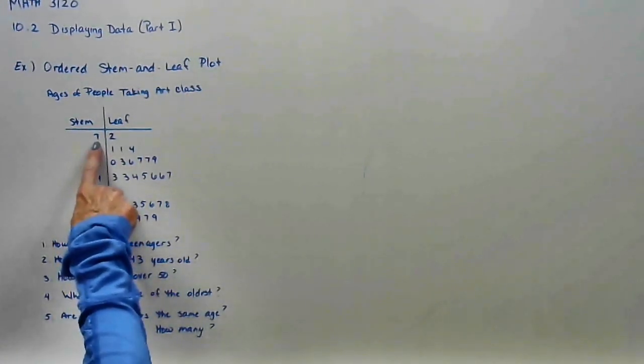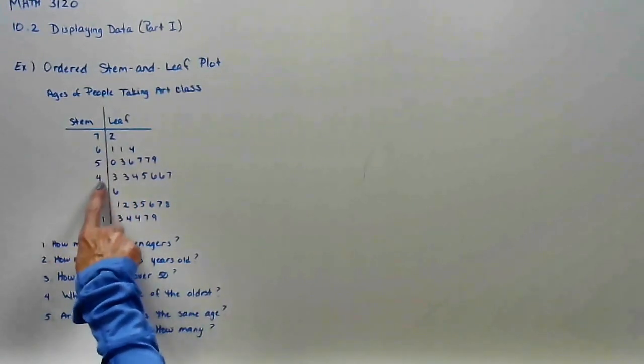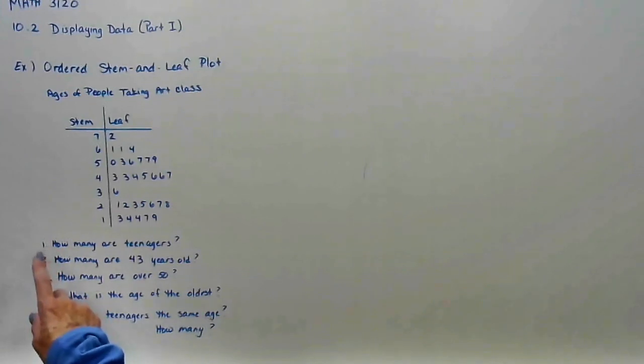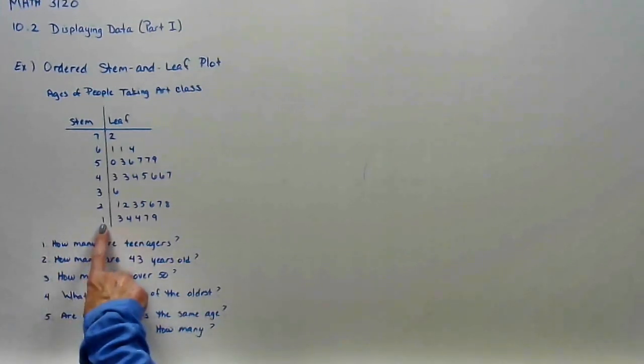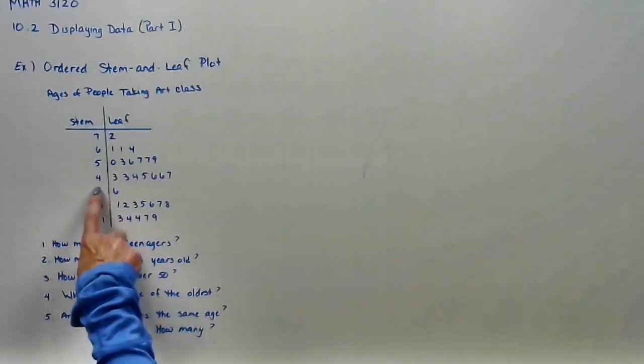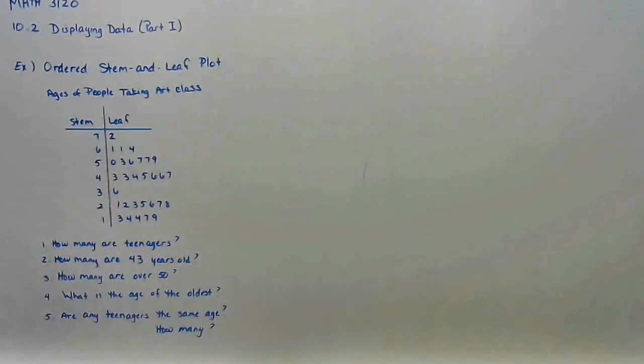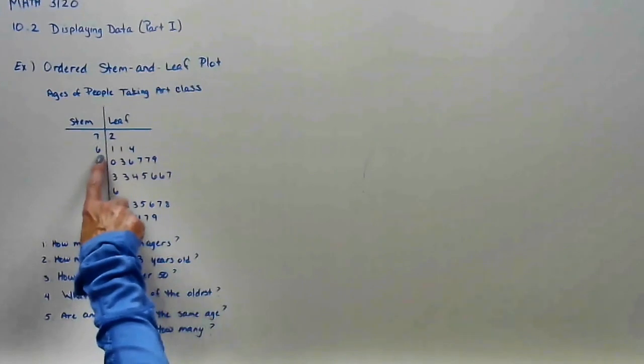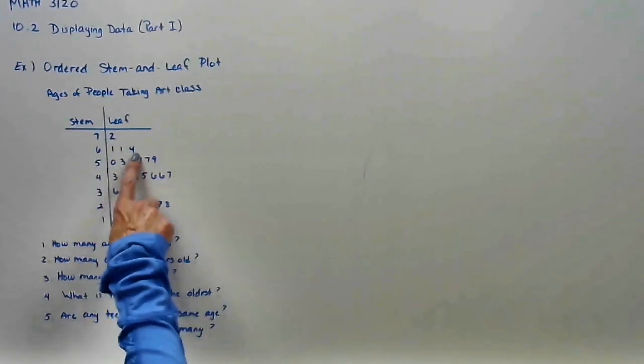So in this case, 70, 60, 50, 40, not the 1970s and the 1960s, but rather meaning this person's been on the planet 10 years, 20 years, 30 years, 40 years, 50, 60, 70. So this would be like a 72-year-old, a 61-year-old, a 64-year-old.